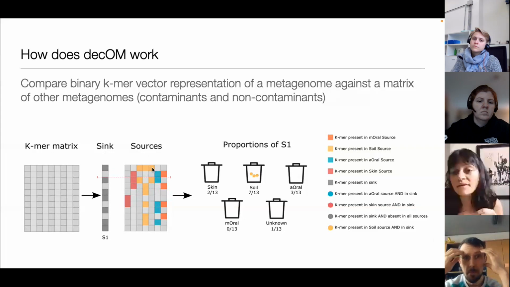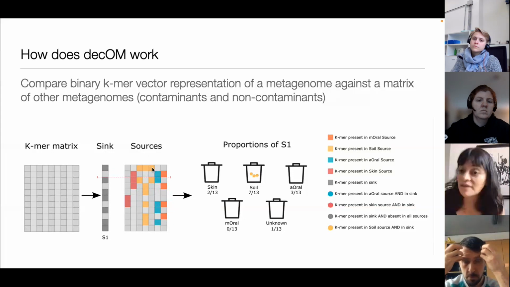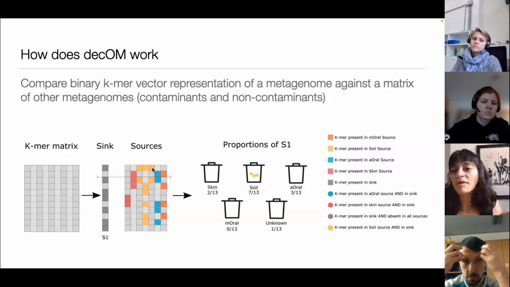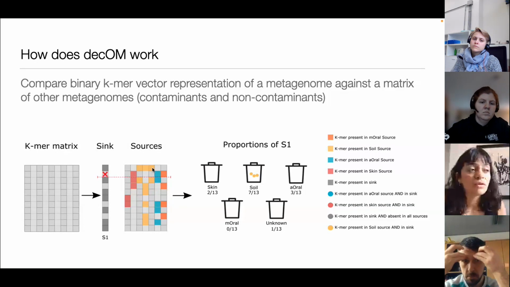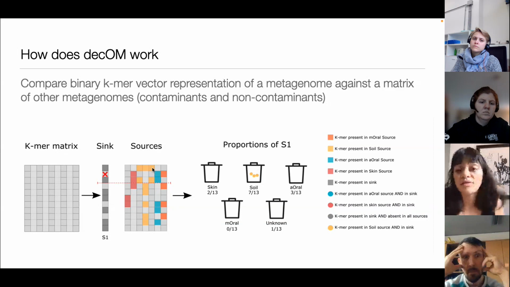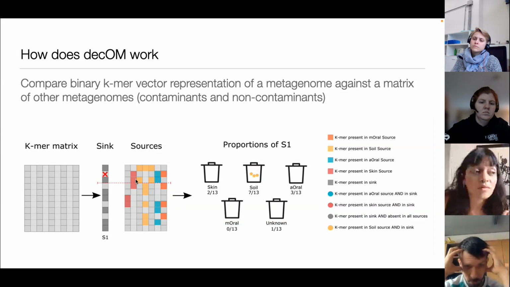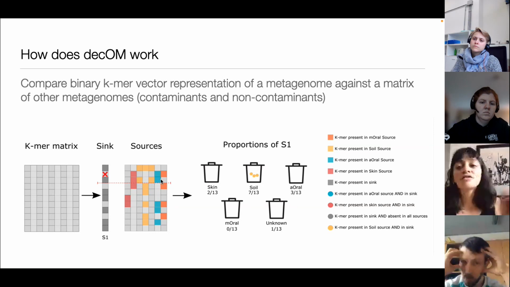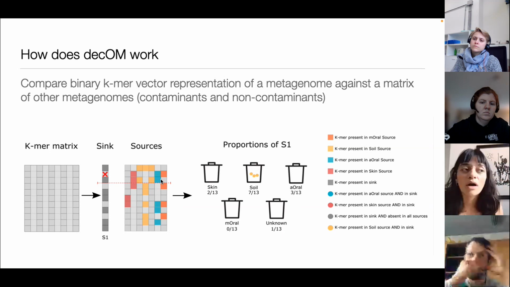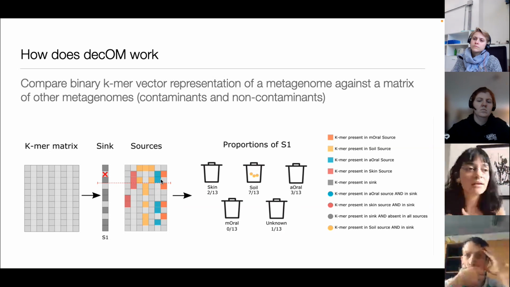I'm going to continue with the next k-mer. The next k-mer is absent in your sink, so I'm not going to add anything there. Then I continue with the following k-mer. The following k-mer is present there, but it's also present in a skin source, in 2 of the soil sources, and in 1 of the ancient oral sources. So I'm going to add 1, 2, and 1 respectively to each of the bins.